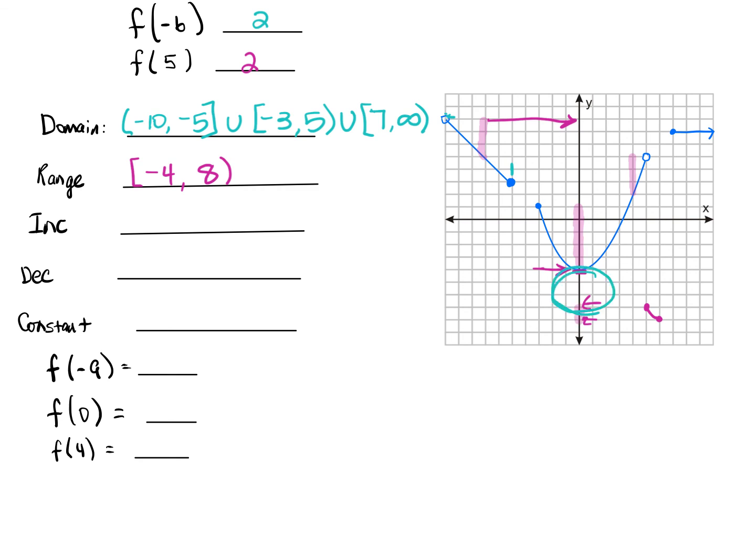All right, so if I erase this, just so we don't get confused with the rest of it. Okay. So, looking back at this, now that everything's erased, you are looking for your increase, your decrease, and your constant.